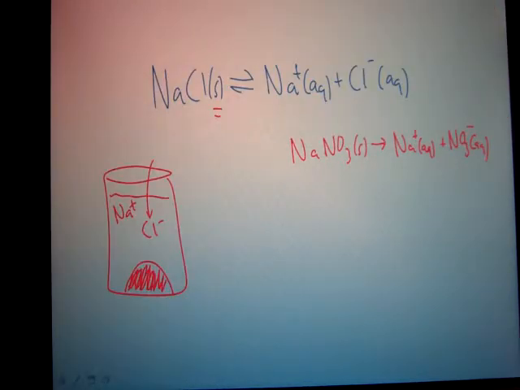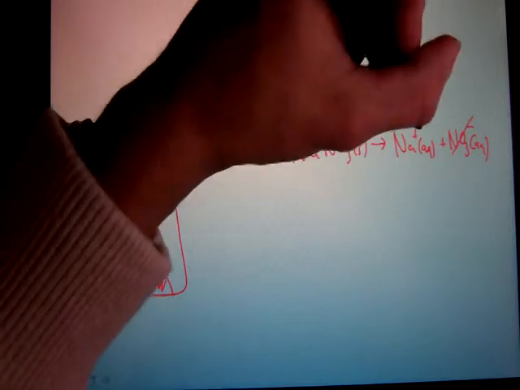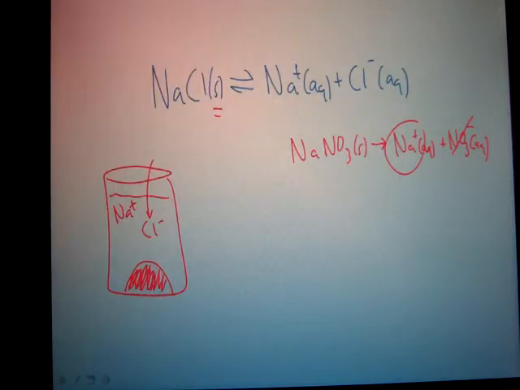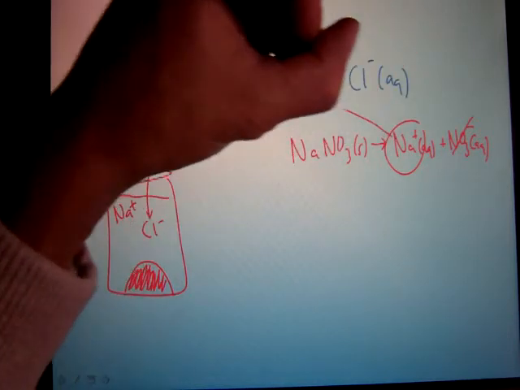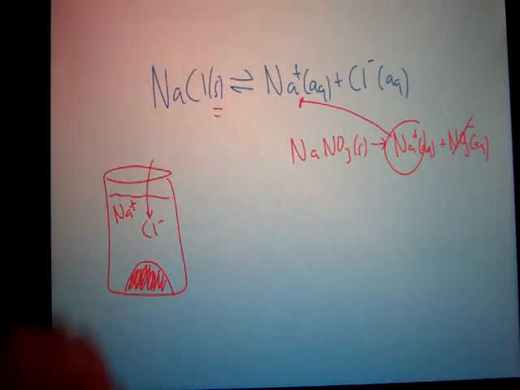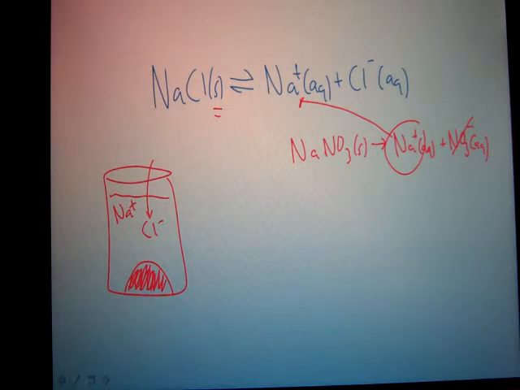So now I have sodium and I have nitrate. You'll see nitrate a lot because it's pretty unreactive. But nitrate's not there, but sodium is. So by adding more sodium nitrate, that is essentially the same as adding more sodium ions to the system. So if I add more sodium ions, well, I'm going to shift left.